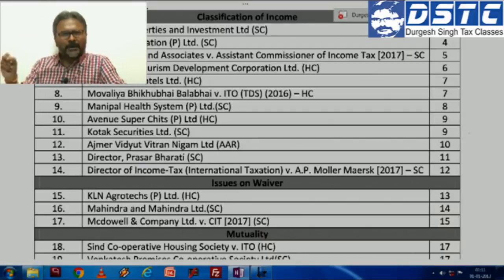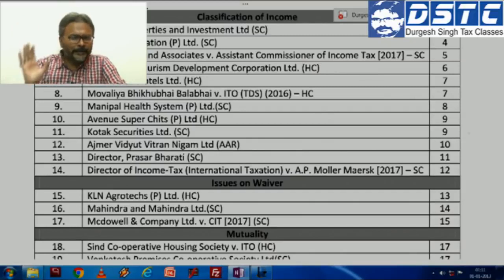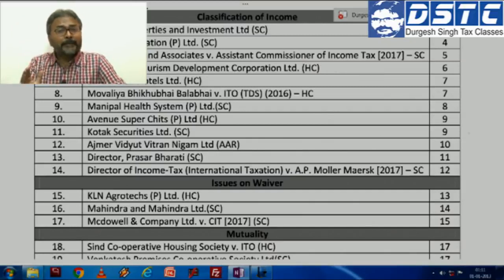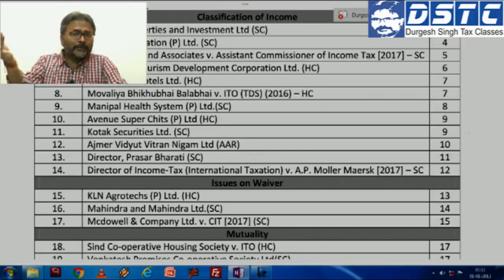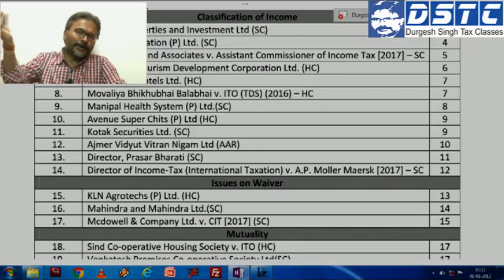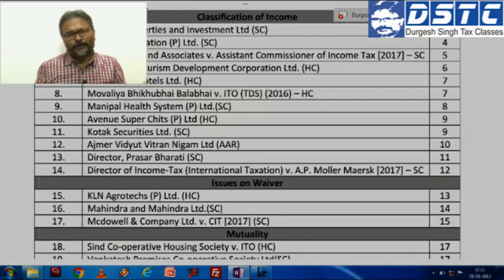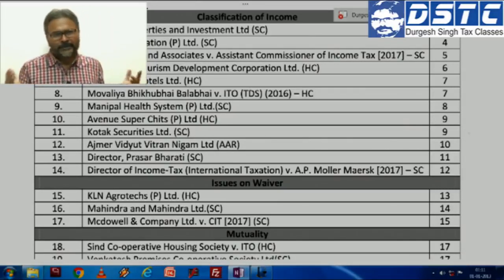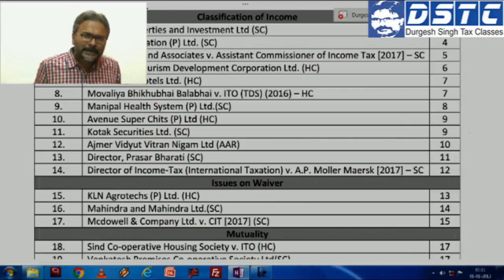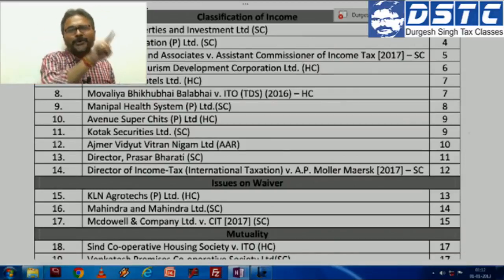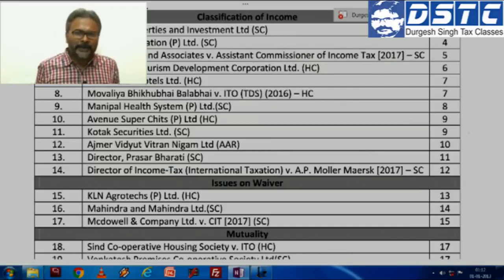So that money would be kept in the trust account. And what happened? In that account, interest accrued. Because the interest portion accrued, the question that came up was whether the interest would be chargeable in the hands of the company.